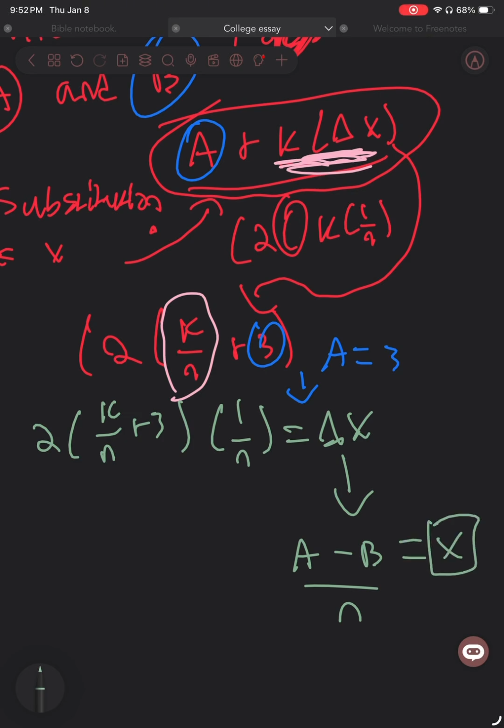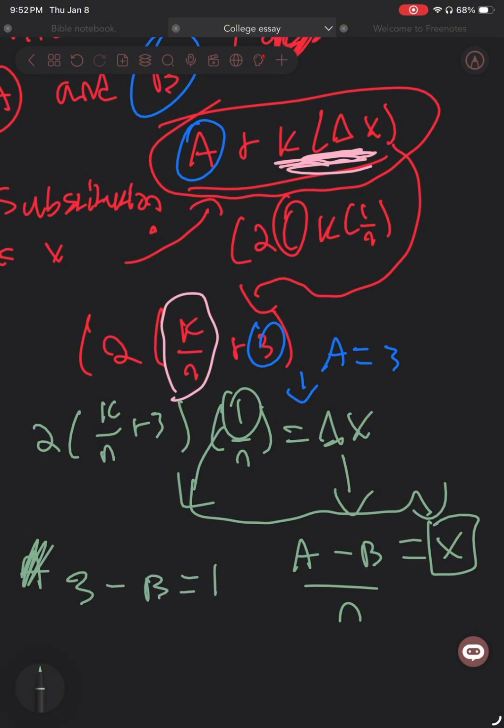This is equal to this. So A, which was 3, minus B needs to equal 1. So how do you do that? It's literally the simplest algebra, I think, in human history. And so that's just B equals 2.